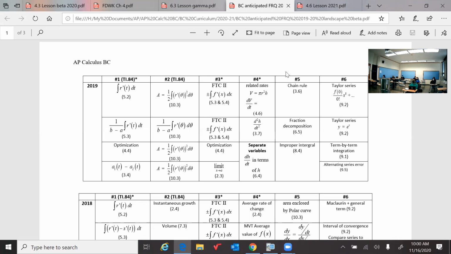So you have an idea how much of this stuff we have covered. You look up here, you can't do anything in its entirety. If you got related rates, you'd put some differentiation and then go to chapter 6.